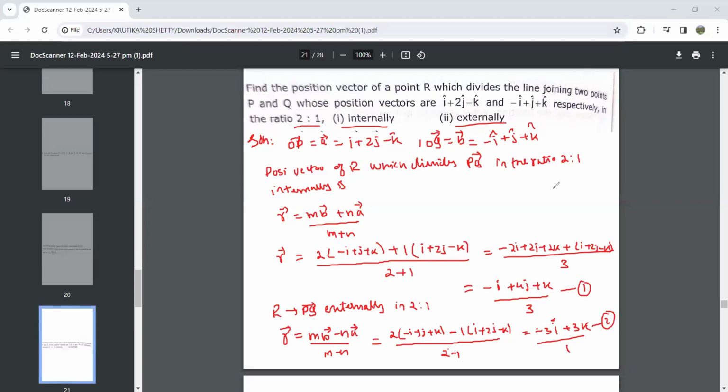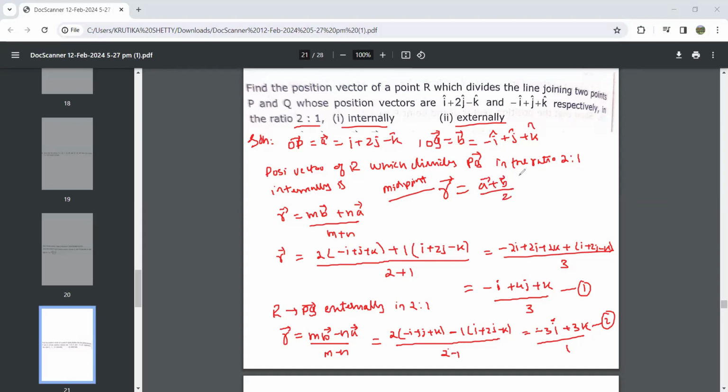Next, based on this, there is one more question, that is midpoint. Sometimes this question is asked for 2 marks. For the midpoint, we have to use the same formula. When they are asking us to calculate the midpoint or the position vector of the midpoint, then R is equal to just A plus B upon 2.